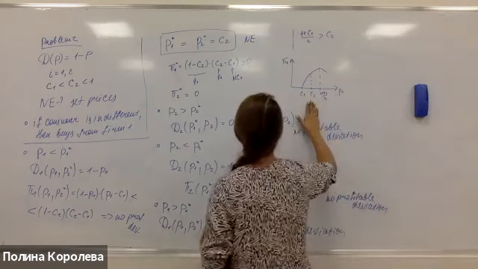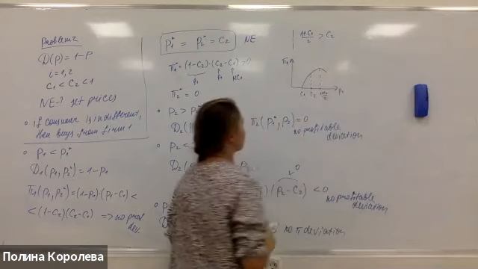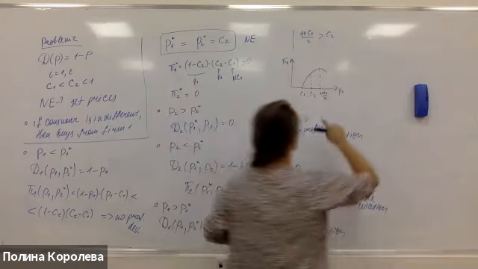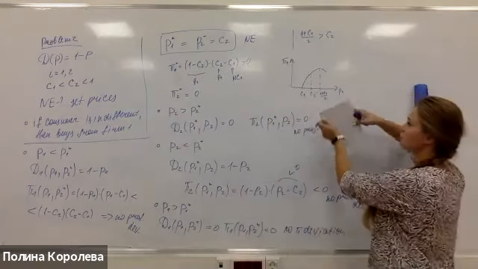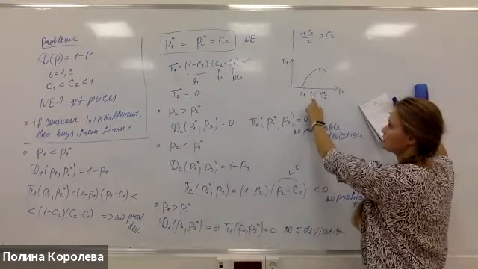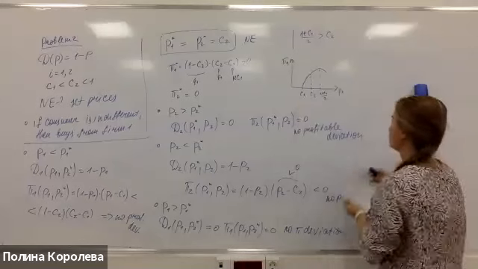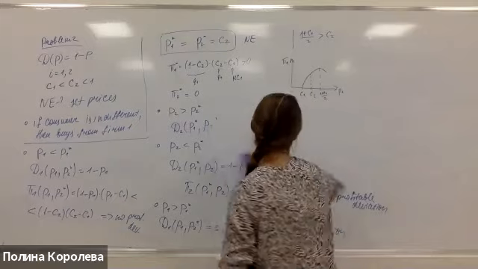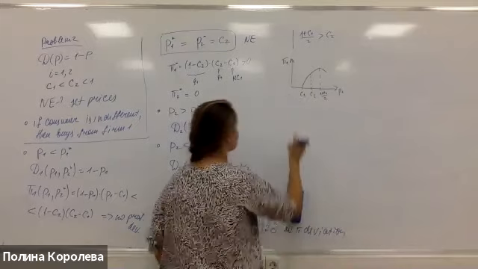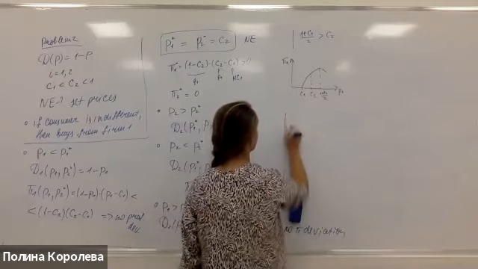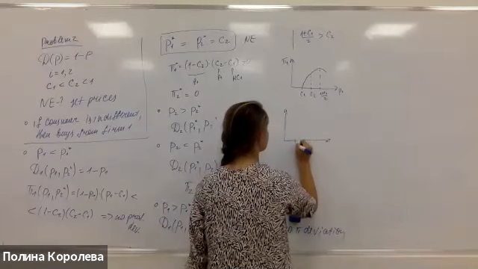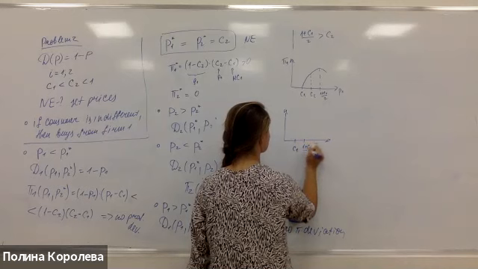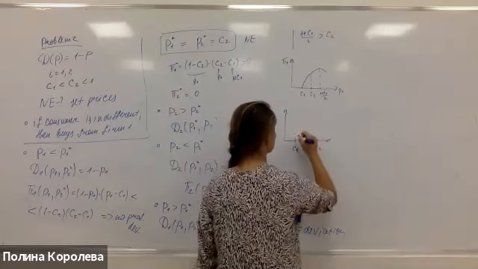So this condition is given so that our first firm does not deviate downwards. If we have the opposite sign, what does the first firm want to do? It will be C1, the monopoly price (1 plus C1) divided by 2, and here is C2.